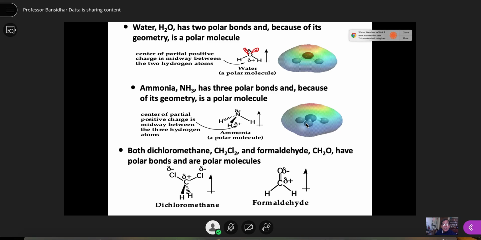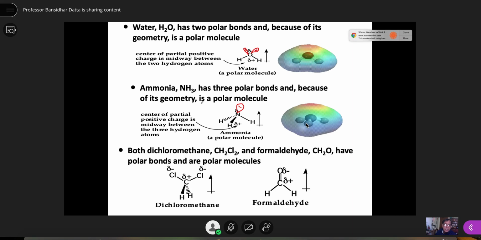Ammonia, NH3, is also a tetrahedral molecule, but the bond angle is 107.3, not 109.5, therefore it is not a perfect tetrahedral either. In other words, it's not symmetrical. Since it is not symmetrical, it is also a polar molecule. Although it has polar bonds, its geometry also permits its polarity.